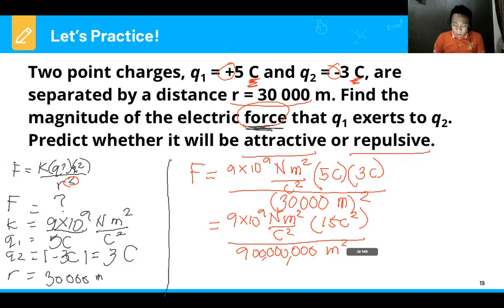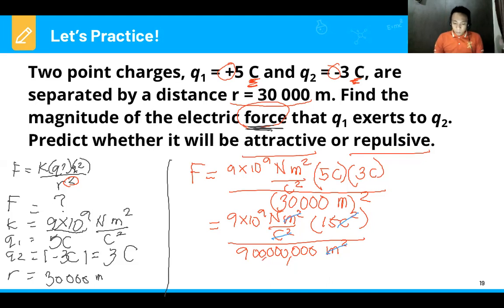Now, you can see here that we can simply erase those units, because we can divide them, right? So meter squared, we can cancel. C squared, we can also cancel.